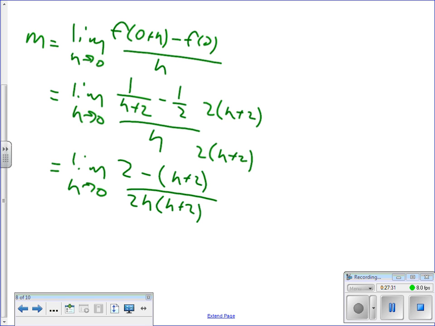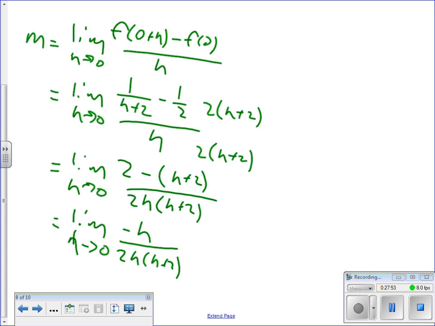Do not FOIL out the denominator. Do not distribute. Okay? So my numerator here, limit as h approaches 0 of 2 minus h plus 2 is negative h over 2h times h plus 2.